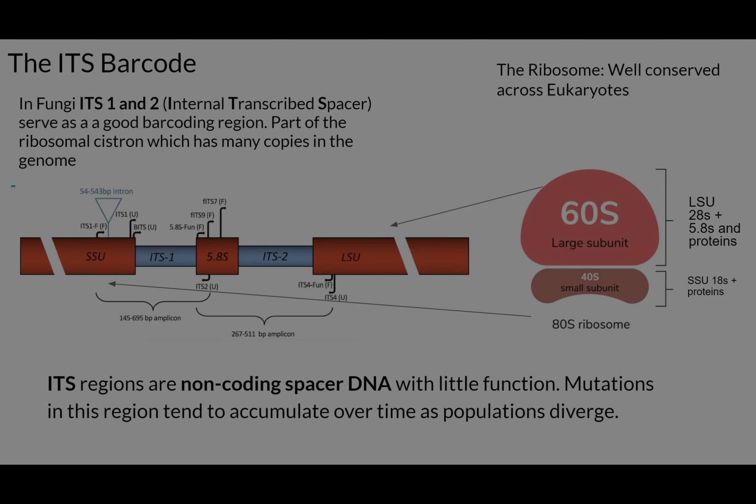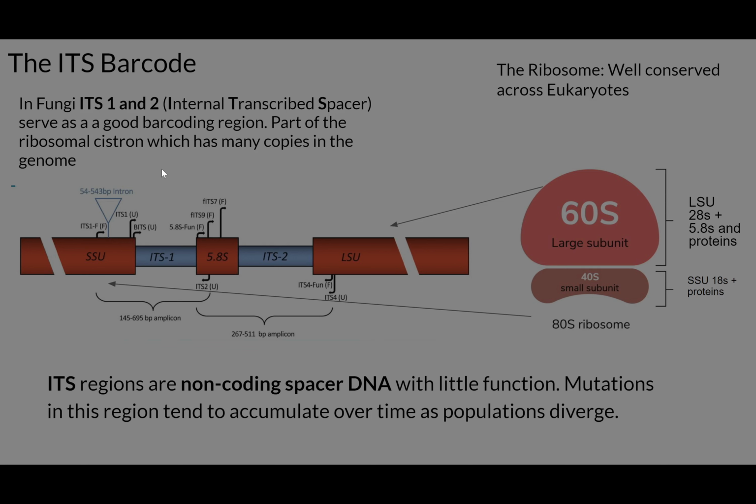In fungi, the most common barcode used for species level identification is called the ITS. And ITS stands for Internal Transcribed Spacer. It's a region that actually includes two components that we refer to as ITS1 and ITS2.